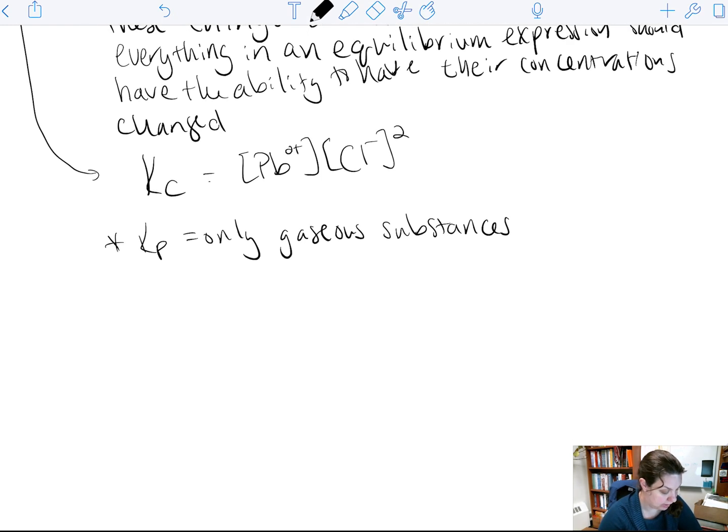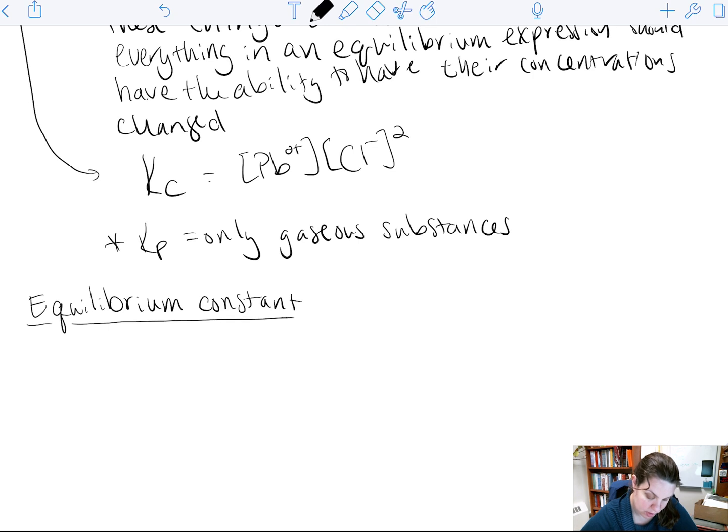Okay. So let's think about our equilibrium constant a little bit more. If we have all of our equilibrium concentrations or all of our equilibrium partial pressures, we can determine our equilibrium constant.